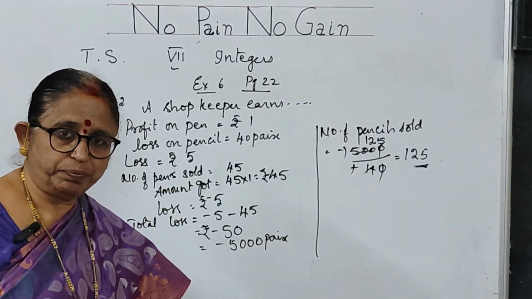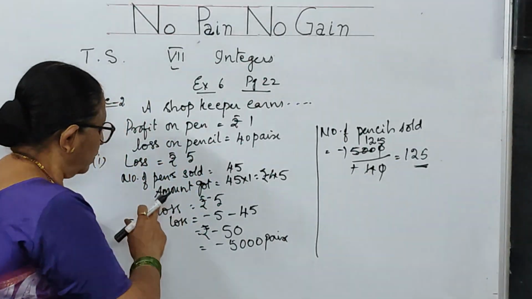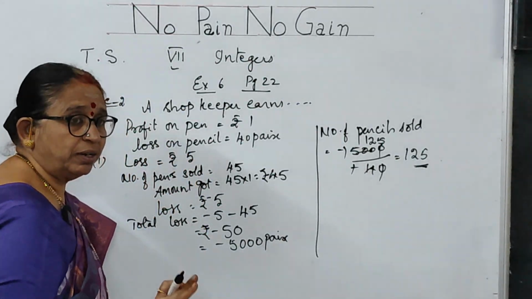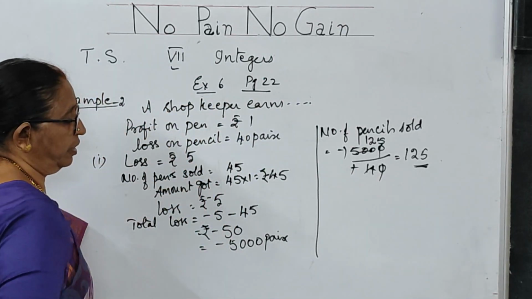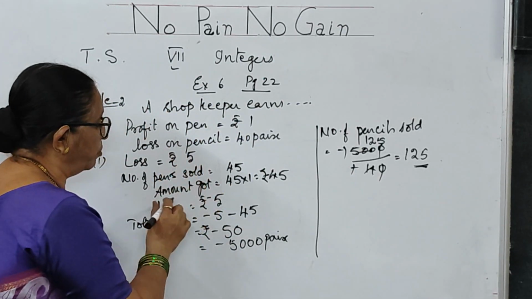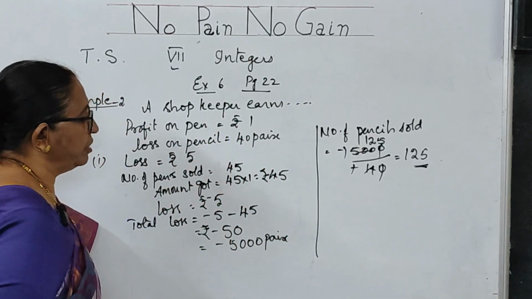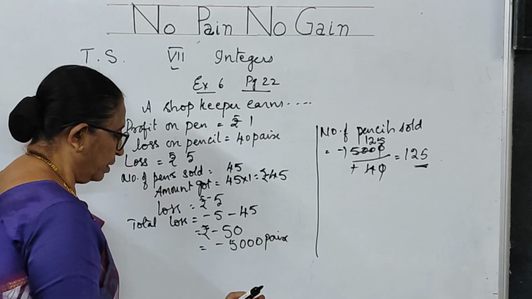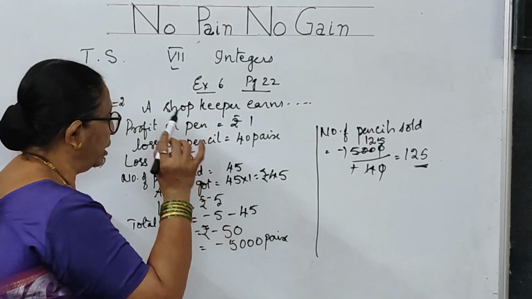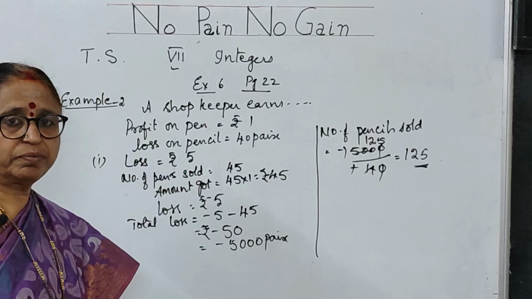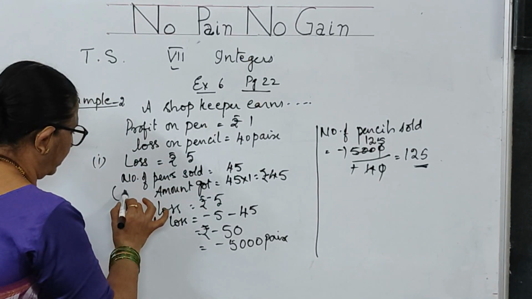So with the given data, let us solve the problem. How many pens sold, children? 45. So what is the amount that she got? Amount she got is 1 rupee profit here. So 45 here actually means profit. 45 rupees profit she has got. But ultimately she has got a loss, how much, children? Minus 5. Here amount means a kind of profit, I can say.